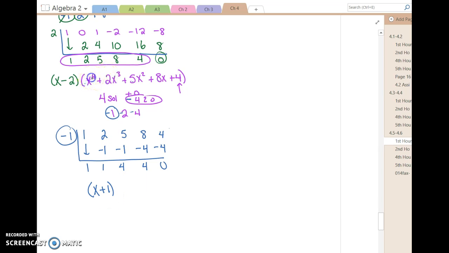We started with x to the 4th, so these coefficients are x to the 3rd plus x squared plus 4x plus 4. You can't forget, we also had x minus 2 up there.